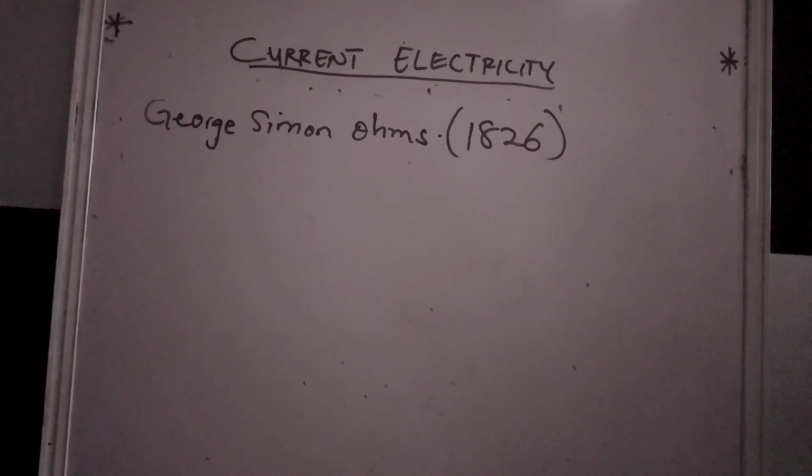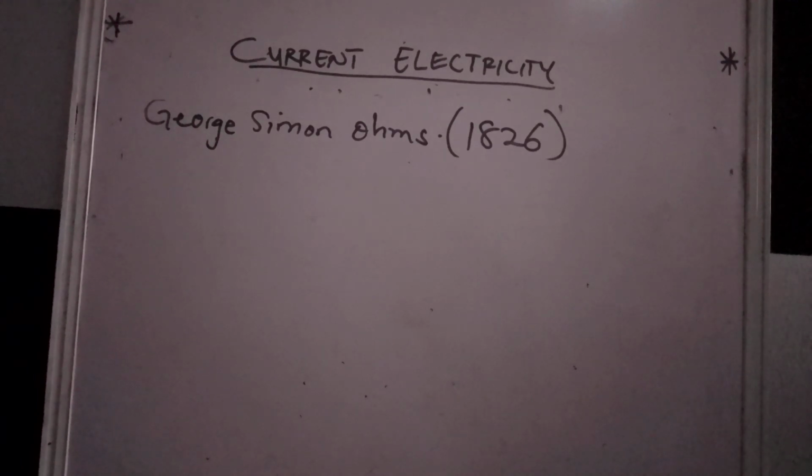And that is why we have what is called Ohm's law. And what is Ohm's law? Ohm's law states that the current passing through a metallic conductor is directly proportional to the potential difference across its end.